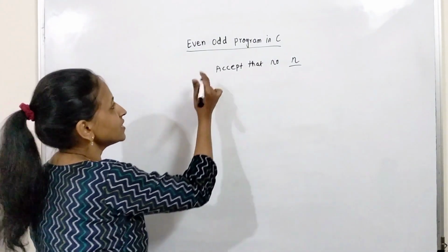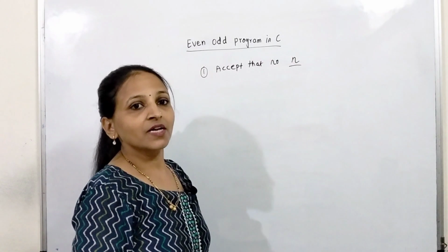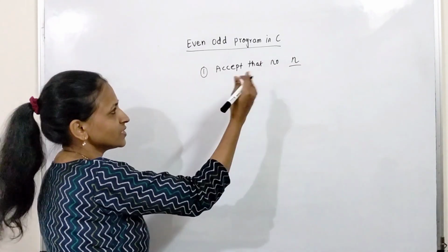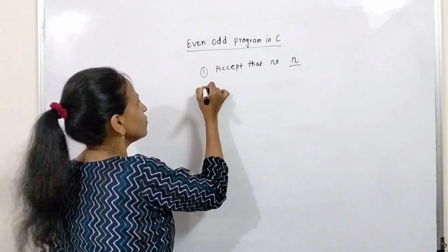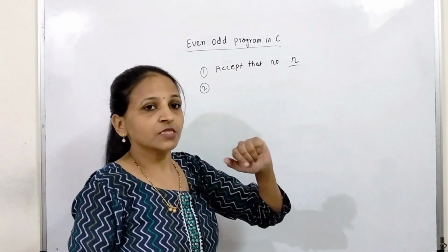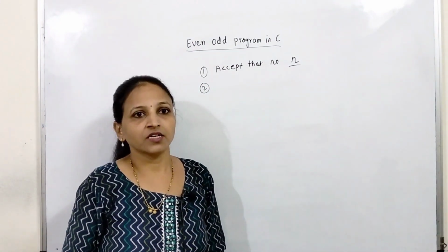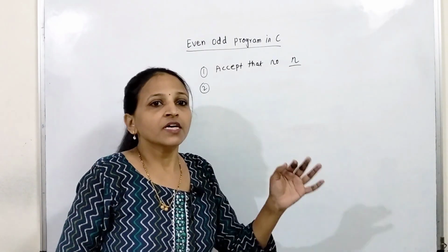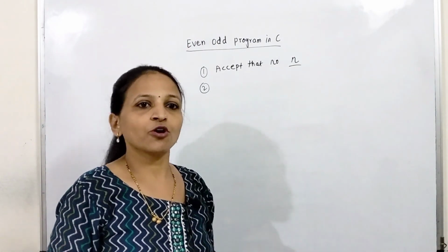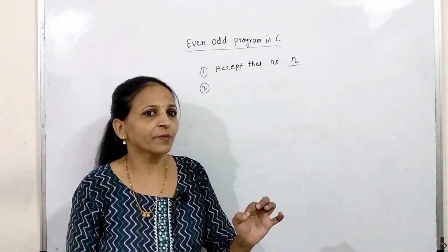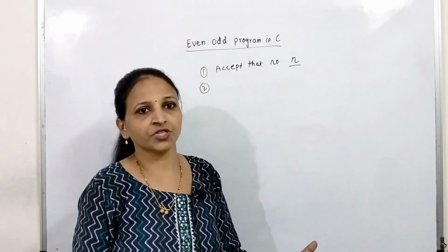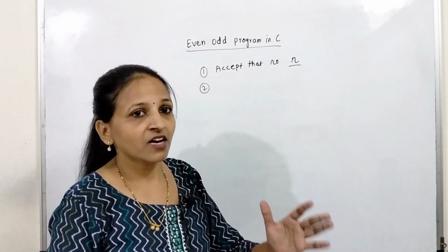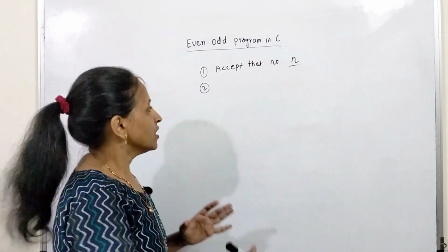See, the first thing is we have to accept that number from the user, say n. Now we have to check whether that n is divisible by 2 or not. If we want to check whether a given number is divisible by any number, then in programming there is a modulus operator, because the division operator always gives us the quotient and the modulus operator always gives us the remainder.